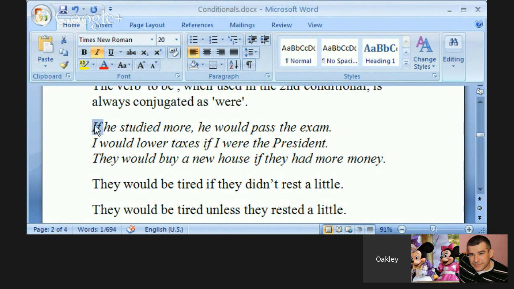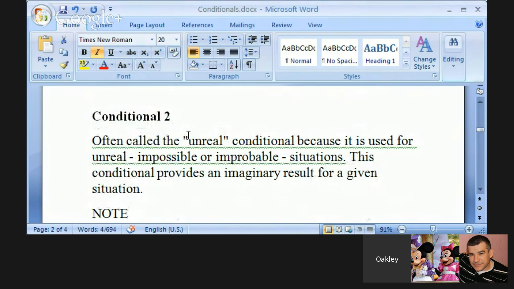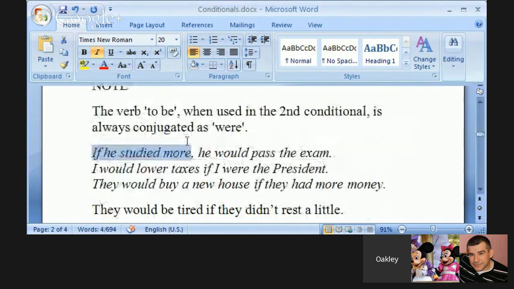Doesn't make sense. When it comes to conditionals, we could never use a future tense in the conditional itself. That's a very big no-no, but it's also a very common mistake. If you will study more, for example, or even in the first conditional, it's a bigger mistake. If he will study more, he will pass the exam.